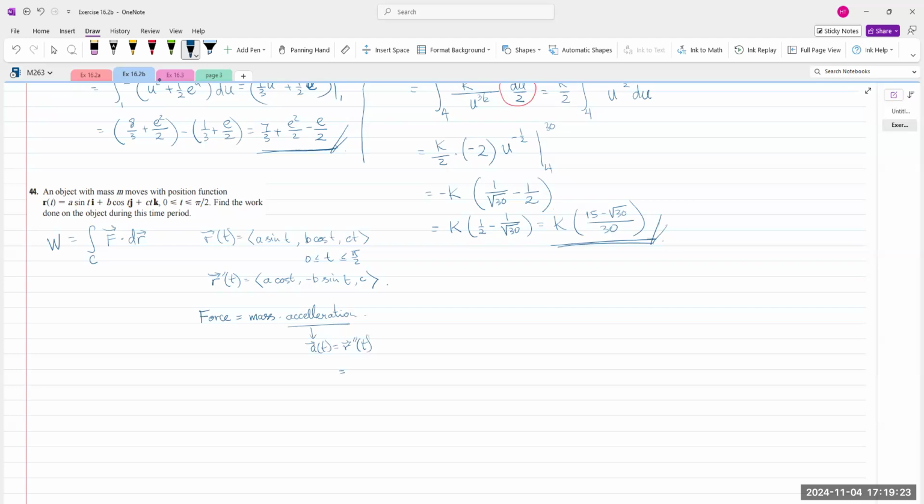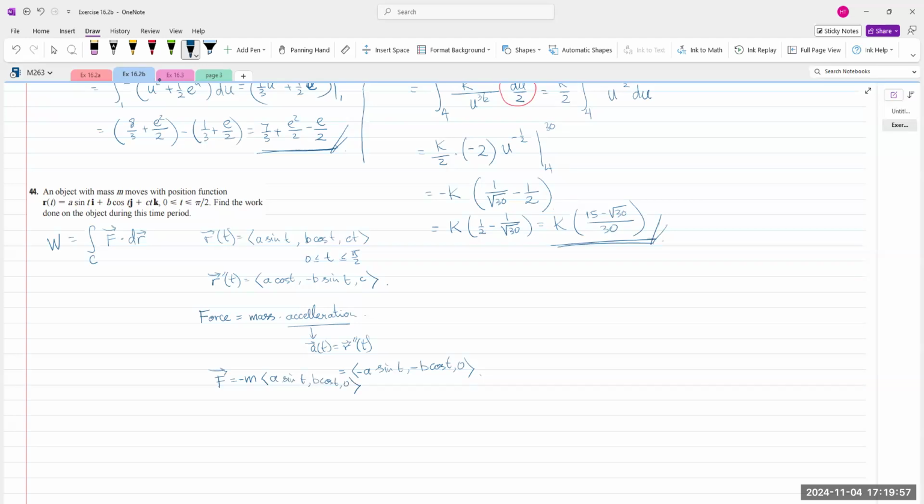So that will be negative a sine t, negative b cosine t, 0. And then the mass is m. So the force field is m times that vector. Let me factor the negative out: a sine t, b cosine t, 0.